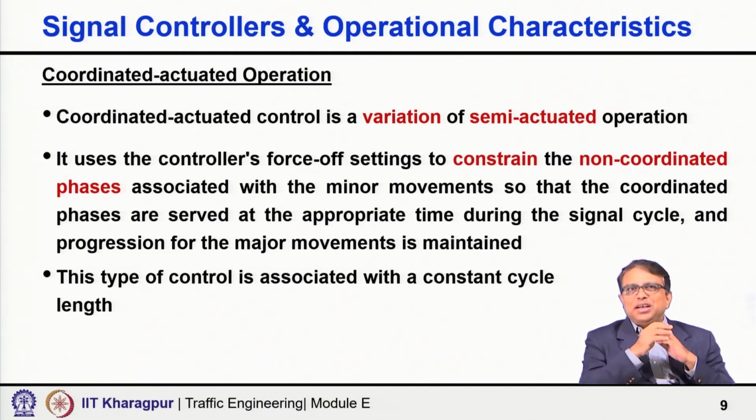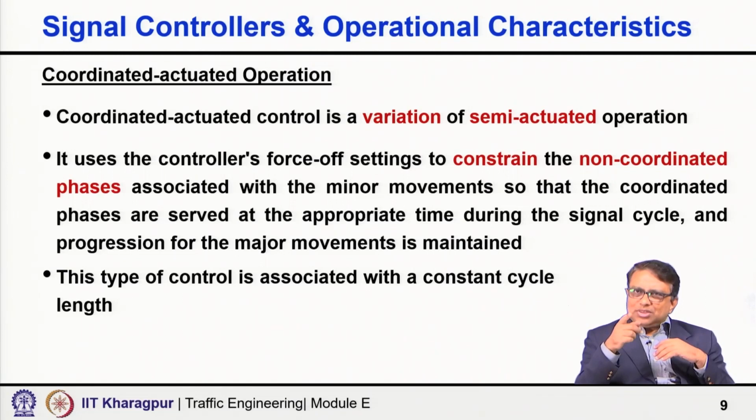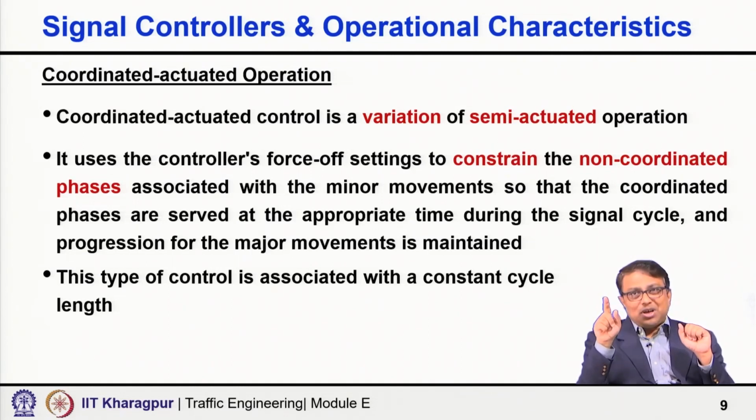And as I mentioned earlier, this type of control is associated with a constant cycle length, because you will understand it more as I go ahead with my lectures in this module: if you want to do coordination of signals, then all signals which are coordinated should have the same cycle length. So, here also I cannot change the cycle length. The green to be given in each cycle also I cannot change, right.